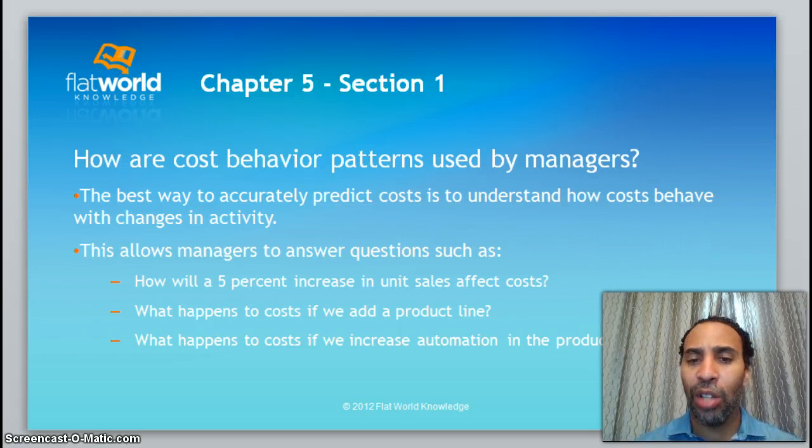What happens to costs if we increase automation in the production process? Well, that's a good thing. That's making things more efficient. We want to increase automation to make the production process more efficient. That lowers our costs, may cut down on our overhead, may cut down on the people we need to allocate towards this job, and we can have them doing more value-added activities.